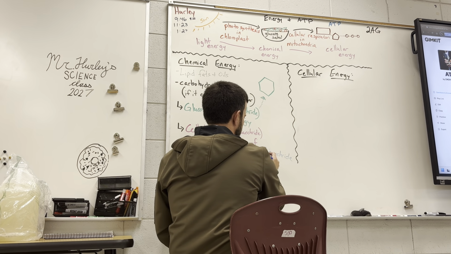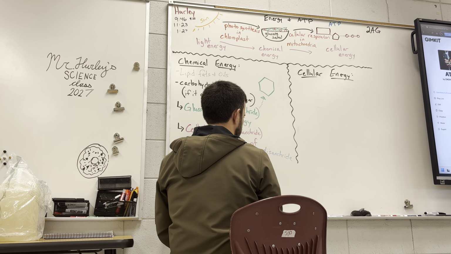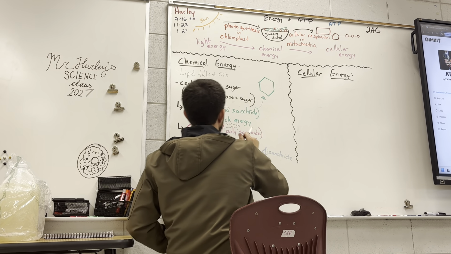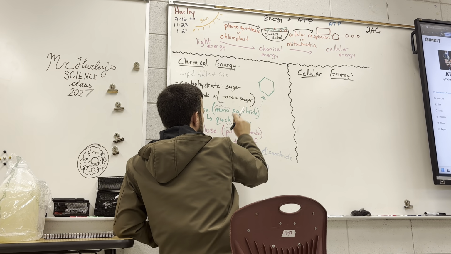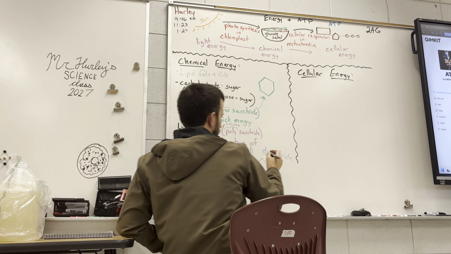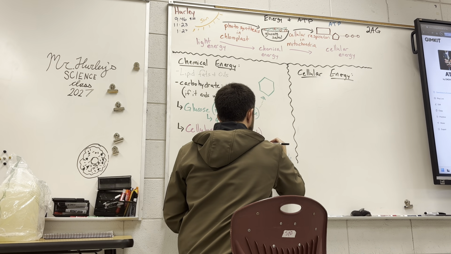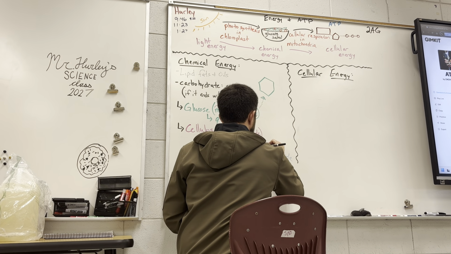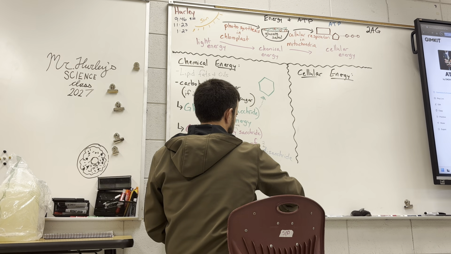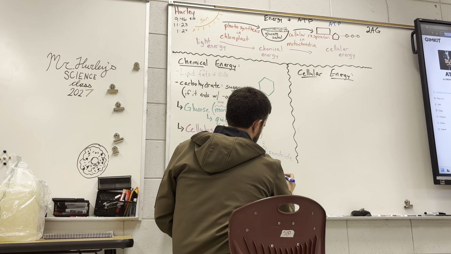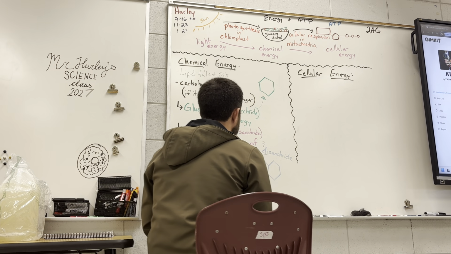The prefix di, guess how many there are? 2. Yep. Also, you can do process of elimination. Mono is 1, poly is 3 or more. The only one left is 0 or 2, and 0 doesn't make sense. That is a disaccharide.